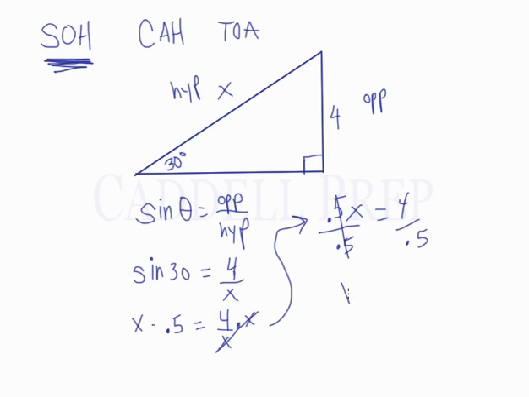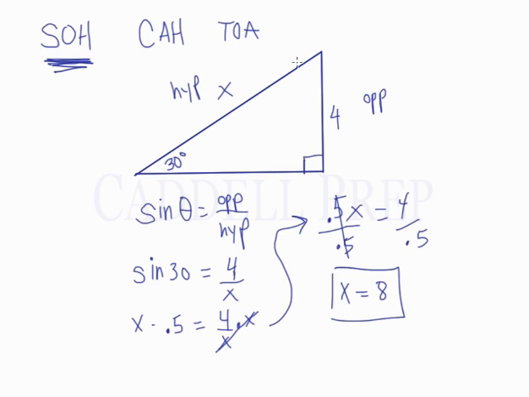And we end up with x equals 8. So this should make sense because sine of 30 is 0.5. So that means opposite over hypotenuse has to be 0.5. 4 over 8 is 0.5. So it does make sense in the end.